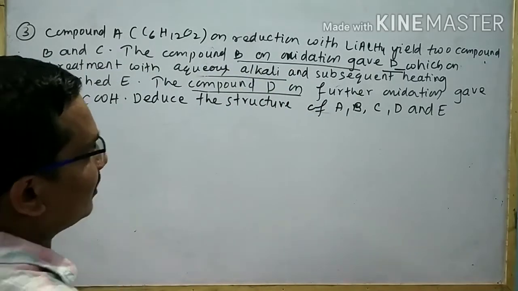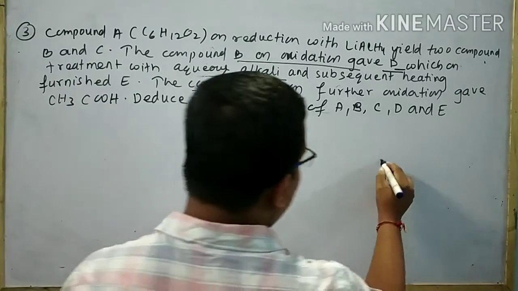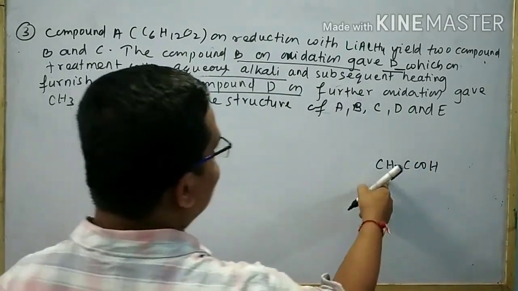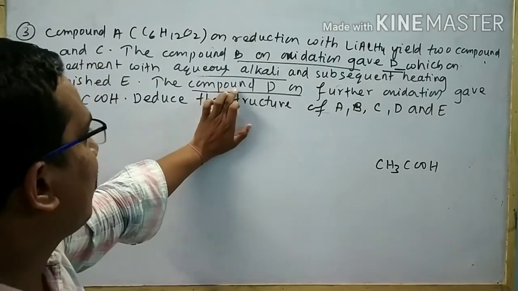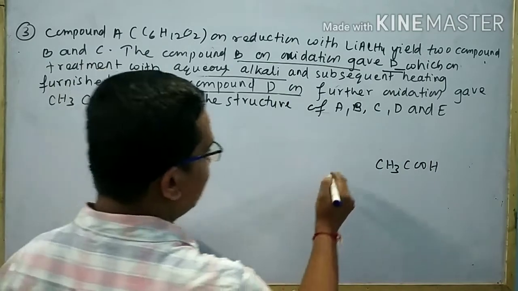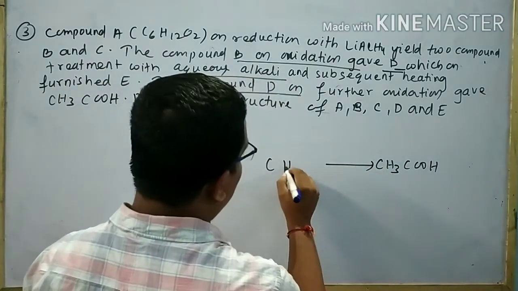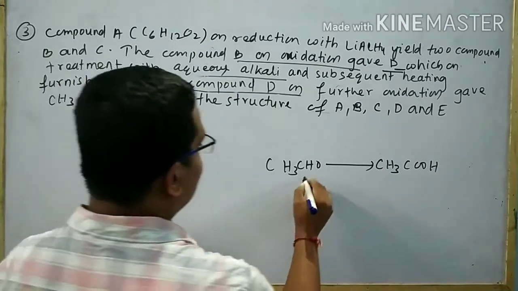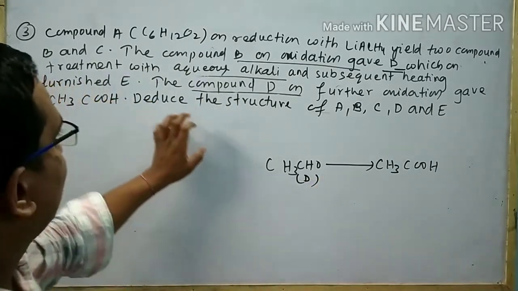Here in this question, acetic acid is given. That means you can write acetic acid first. This acetic acid can be formed by the oxidation of compound D. That means this is acetaldehyde, and this acetaldehyde is considered as the D product.